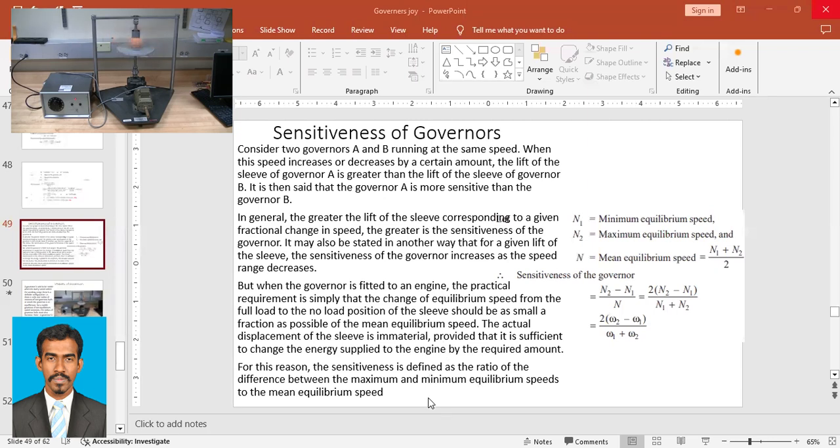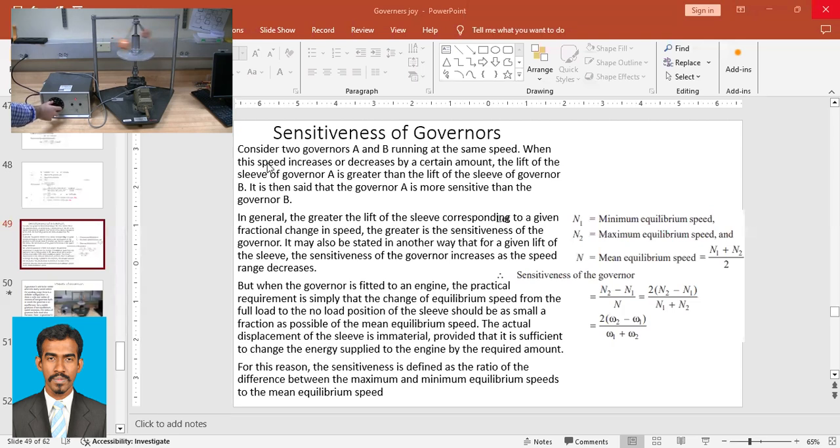So there is a term called sensitiveness. What does that mean? When the speed increases or decreases by a certain amount, the sleeve lift will increase or decrease.